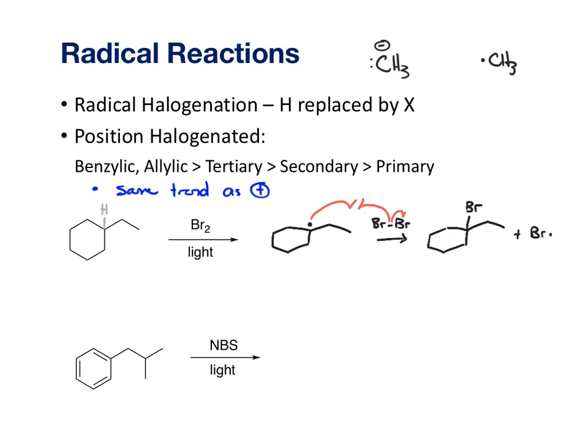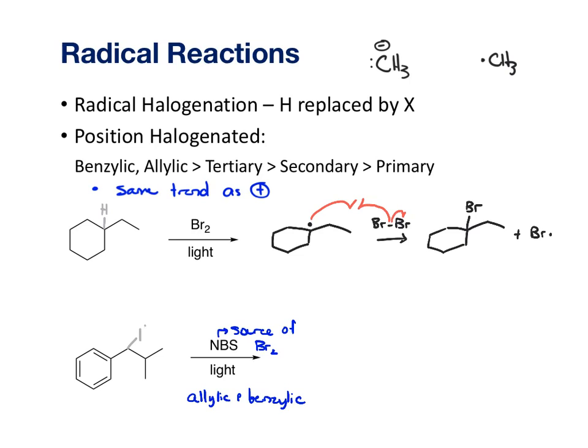A reaction that is nearly identical yet uses a slightly different reagent is NBS. And this basically provides a source of Br2. There's more subtle details than that, but that's the important thing to keep in mind. This is most commonly used for allylic and benzylic brominations. And what you do is look for hydrogen at the allylic or benzylic position.